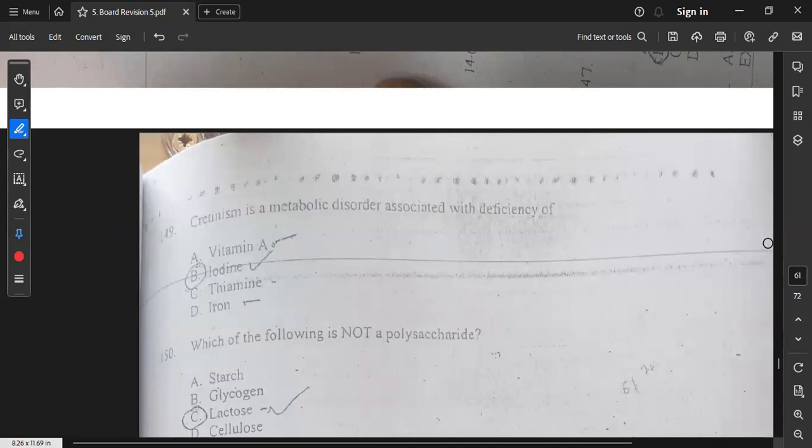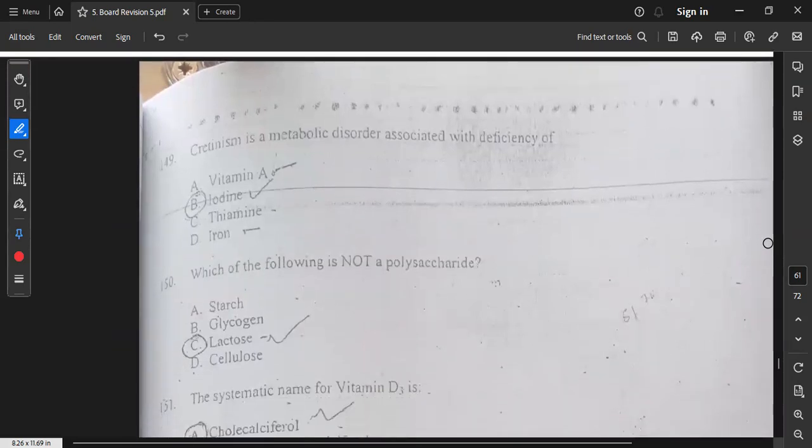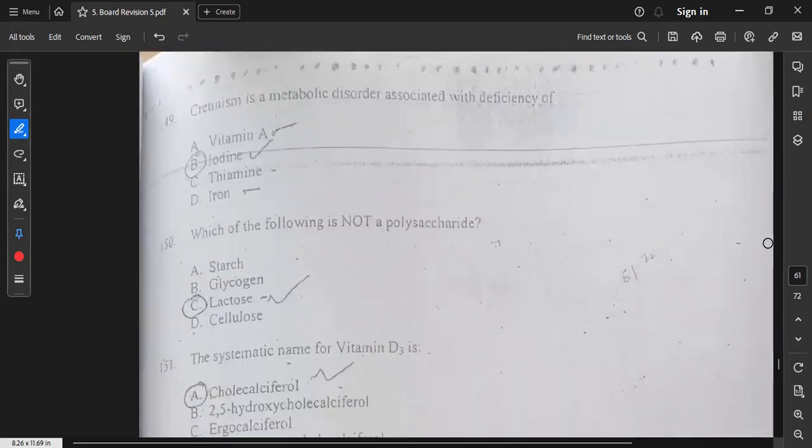Okay. Cretinism is a metabolic disorder associated with deficiency of. Number, it's iodine. We've talked about these deficiencies in the different vitamins. Okay, moving on.